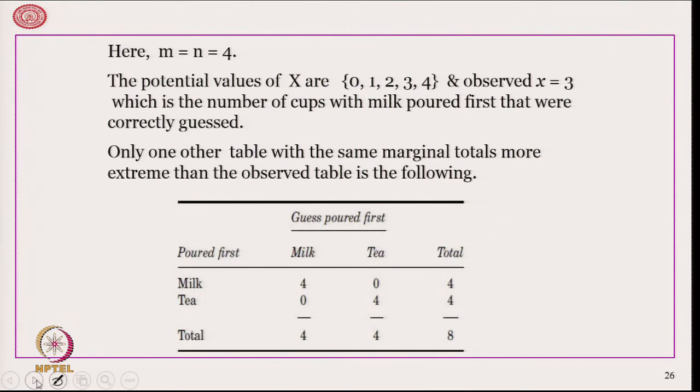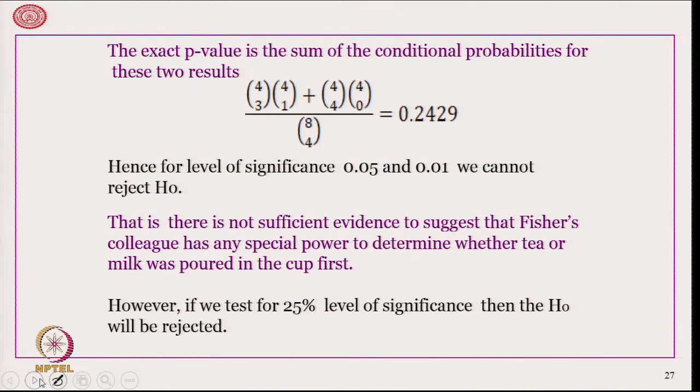The only other table with the same marginal totals more extreme than the observed table is the following, where she could guess all 4 correctly, that is 4 and 4. The exact p value is the sum of the conditional probabilities for these two results, which is 0.2429, because for the first one it is 4 C 3 multiplied by 4 C 1.